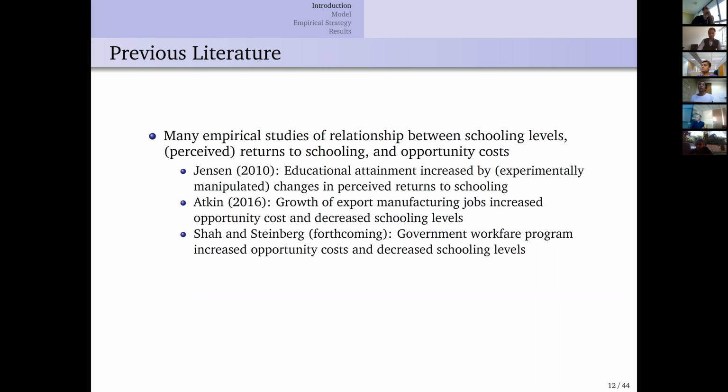This Atkin paper, which is one that we're actually going to be referencing a lot in this project, shows that the growth of export manufacturing in Mexico increased opportunity cost and therefore decreased schooling levels. And this last paper basically tells a similar story, but in the context of India's workfare program.